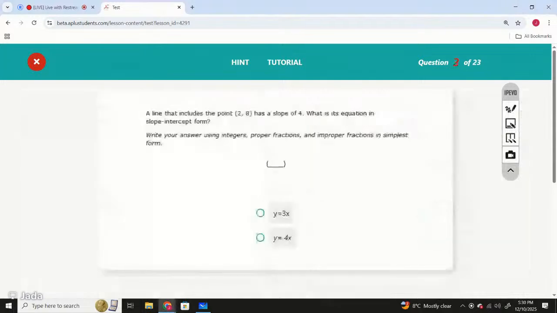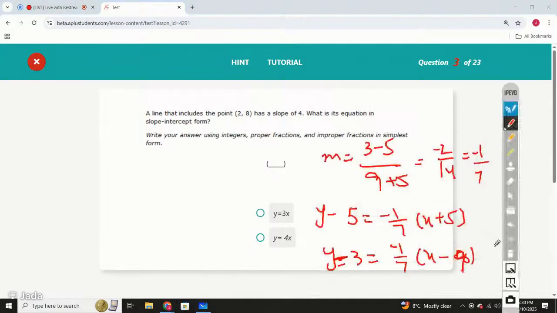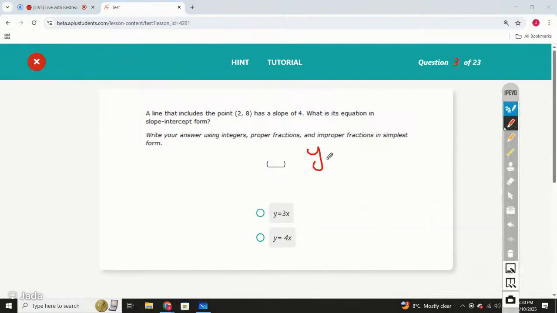A line includes the point 2, 8 and the slope is 4. What is its equation in slope intercept form? We are given the point and the slope, so just plug in the point: y minus 8 is equal to 4 times x minus 2.